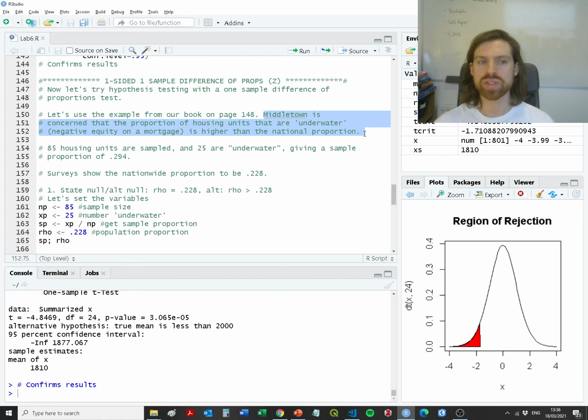Underwater here means that you've got negative equity on your mortgage. So let's assume that you can buy a house for $100,000, which would be nice. And let's assume that you put $5,000 down, a 5% down payment, and you borrow 95% of the value of the property. So the bank lends you $95,000, you put down $5,000 and you buy the house for $100,000.